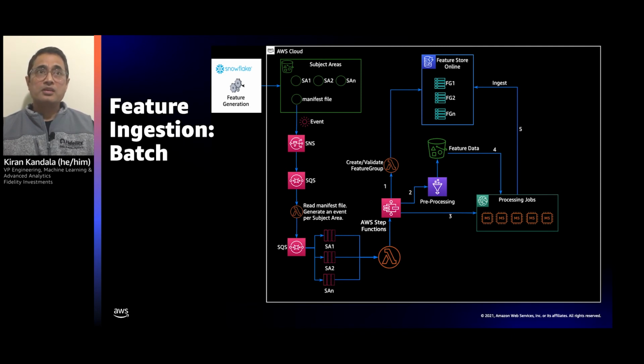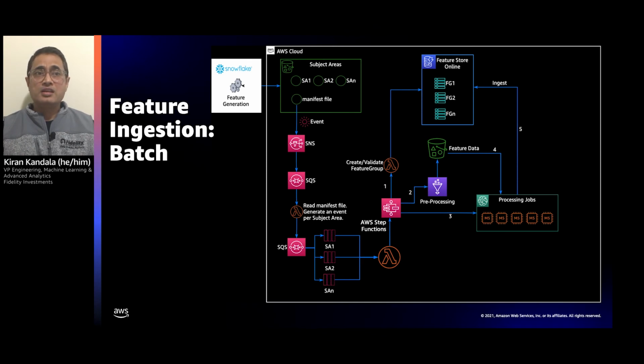We also configure the S3 bucket with a put object notification, so when the manifest file is written out, an event is generated, which is then captured and processed by Lambda. The Lambda reads the manifest file and then generates one event per subject area.